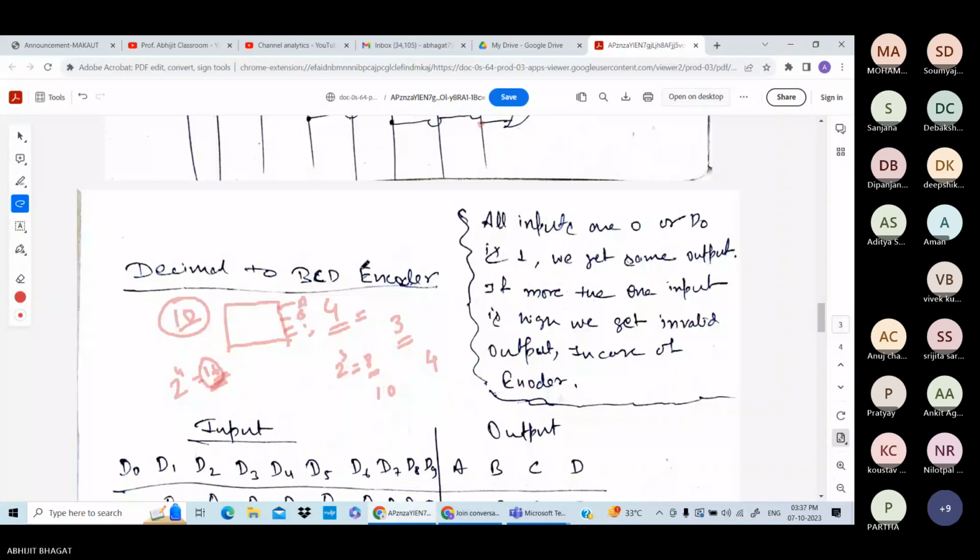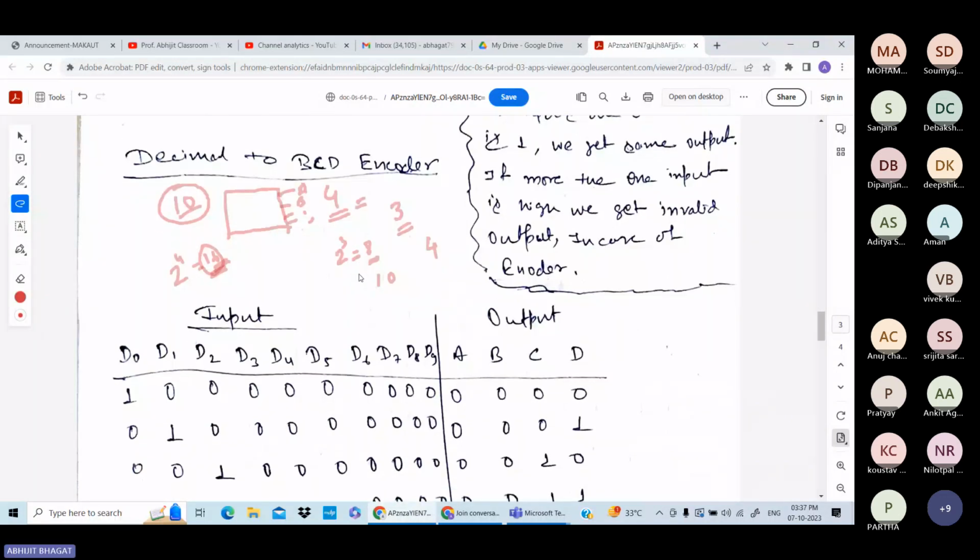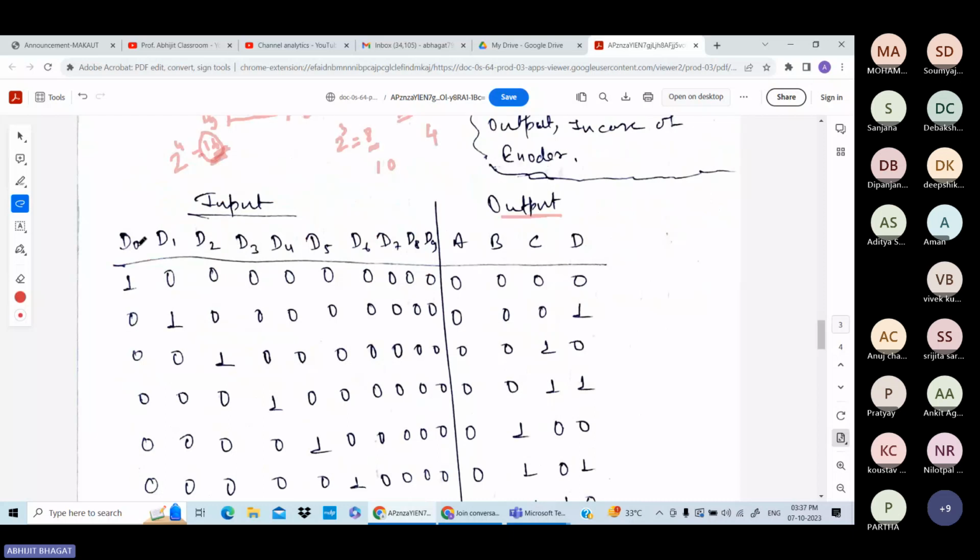Chalo, see. In case of decimal to BCD encoder, we already discussed 10 inputs are there from D0 to D9, and 4 outputs are there, A, B, C, D. So your input is D0 to D9, output is A, B, C, D. When your D0 is 1, D0 is active, your output is 0, 0, 0, 0.